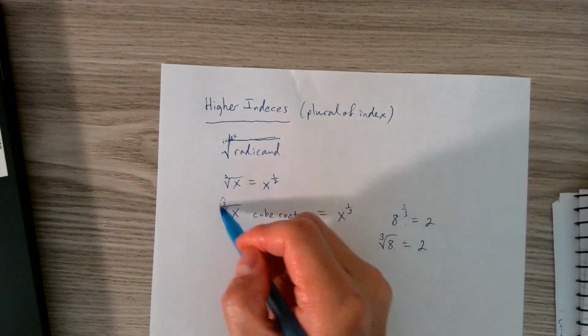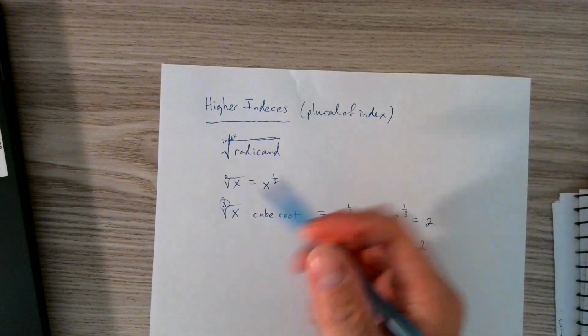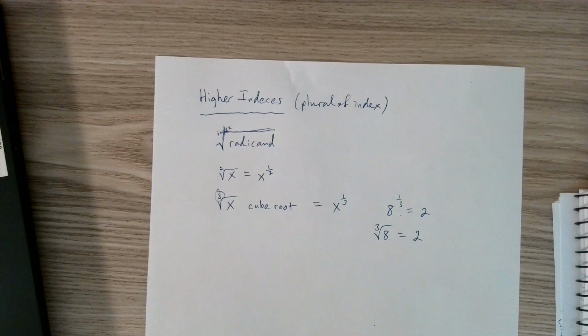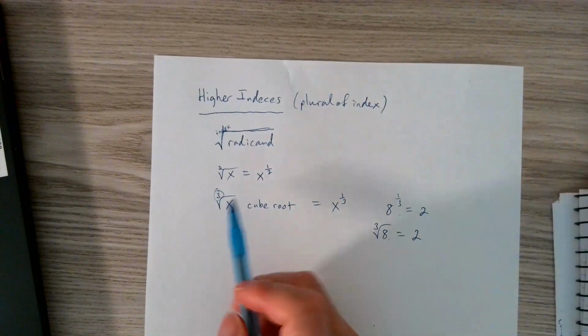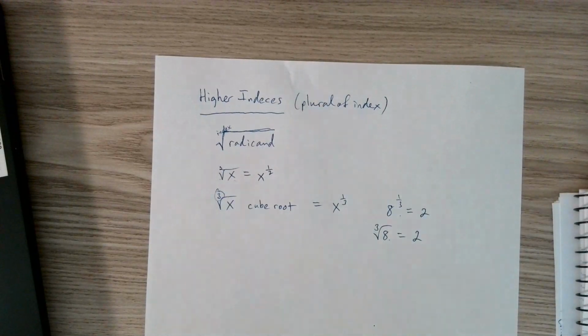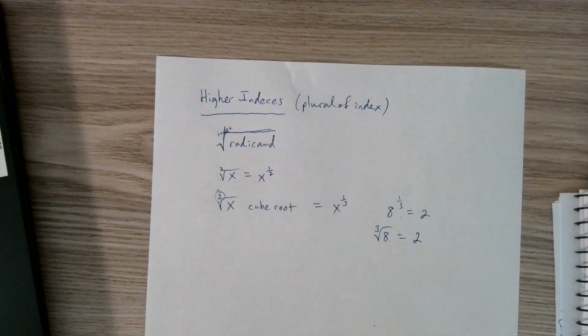So when the index is different, simplifying radicals also becomes a little different than simplifying square roots. The principle is mainly the same. The brain takes a little bit of time to adjust because we normally don't work with cube roots or higher indices. We normally work with square roots.